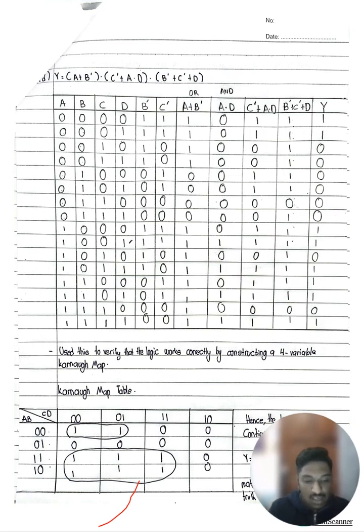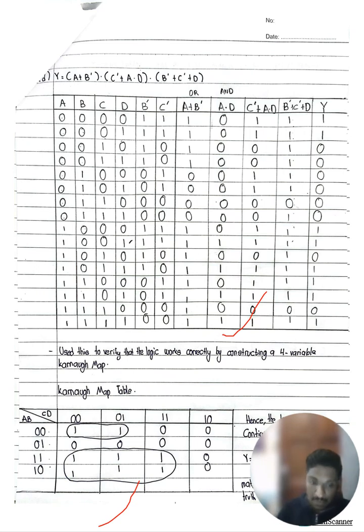The Karnaugh map confirms that the Boolean expression Y equals bracket A plus B bar, times bracket C bar plus A times D, times bracket B bar plus C bar plus D bar matches the logic defined by the truth table. So the truth table is the same as the Karnaugh map.